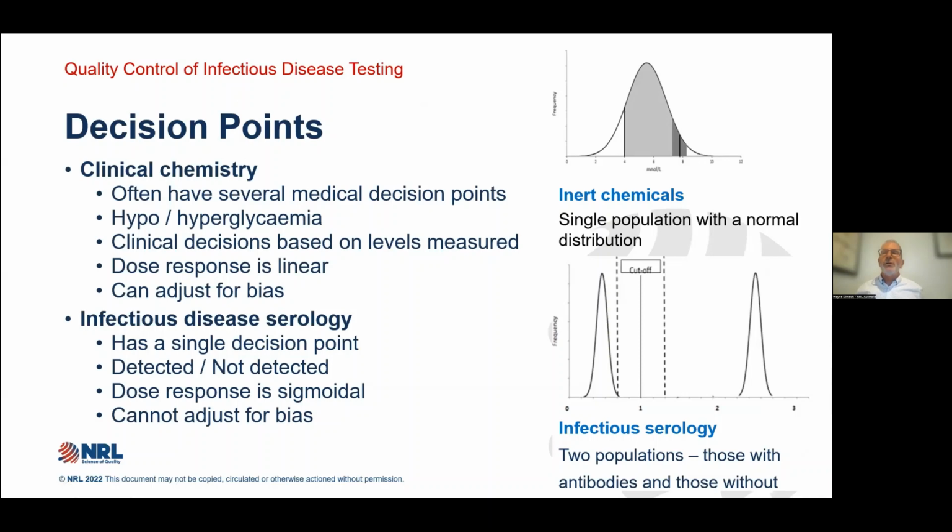But there are two medical decision points, hypoglycemic or hyperglycemic. Whereas if we take all the people in a city and test them for infectious diseases, we're going to get two populations, those that have antibodies and those that don't. And so there's a single decision point, positive or negative, or detected or not detected.